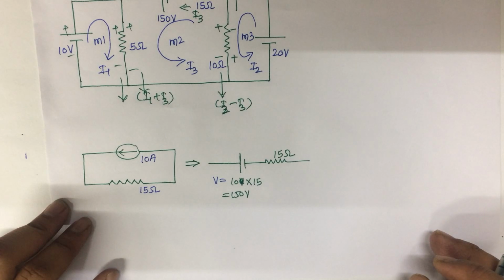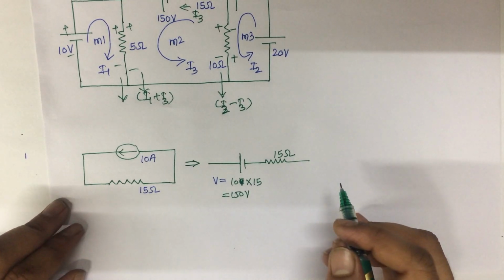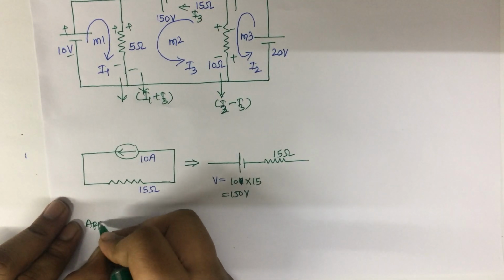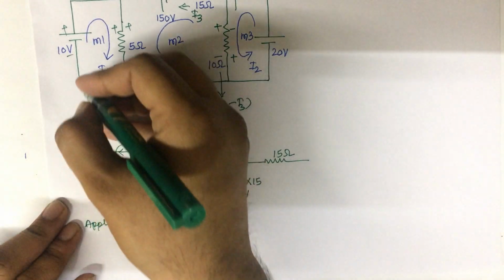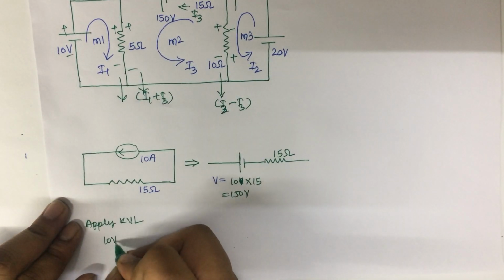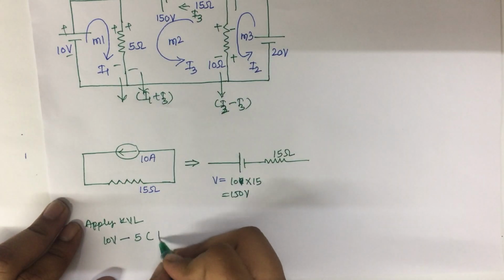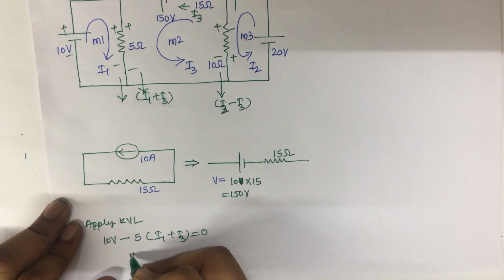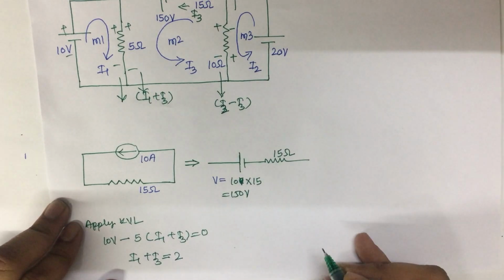So now we solve this question by using mesh analysis. Apply KVL. Start from here, 10 volt minus 5 into (I1 plus I3) is equal to 0, and after solving we get I1 plus I3 is equal to 2.